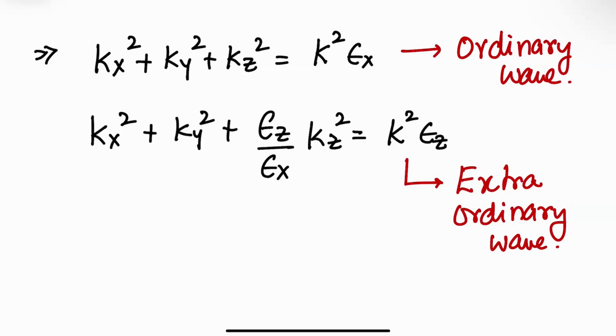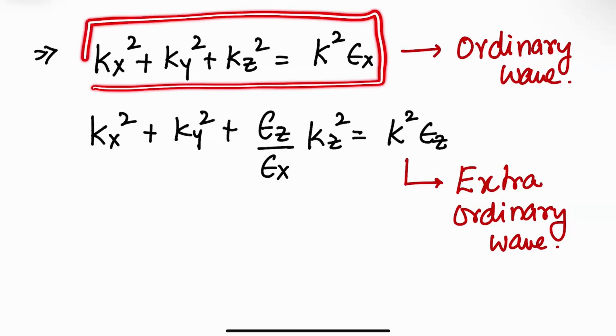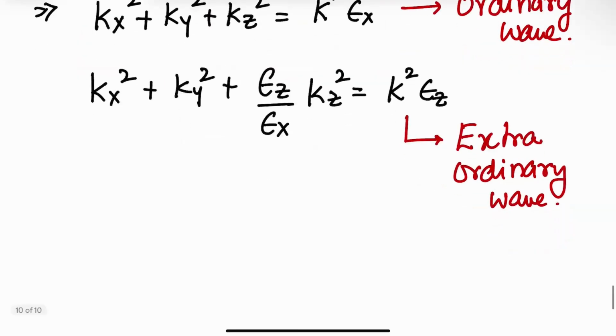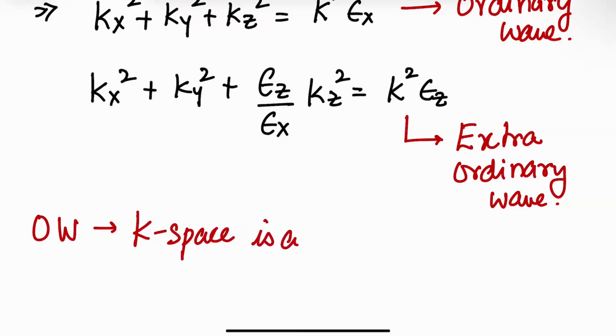So how do you actually understand this? In terms of k-space, this one is a sphere, right? So the ordinary wave's k-space is a sphere.